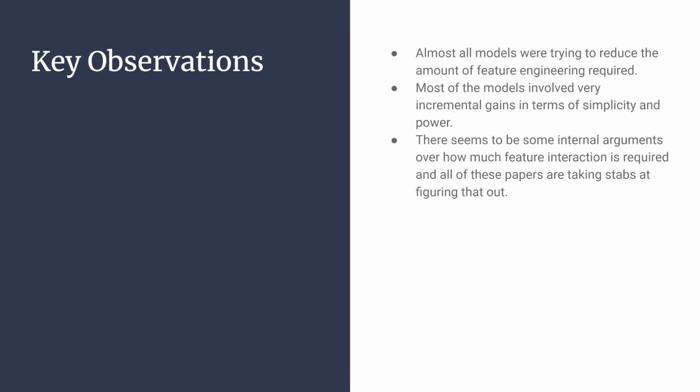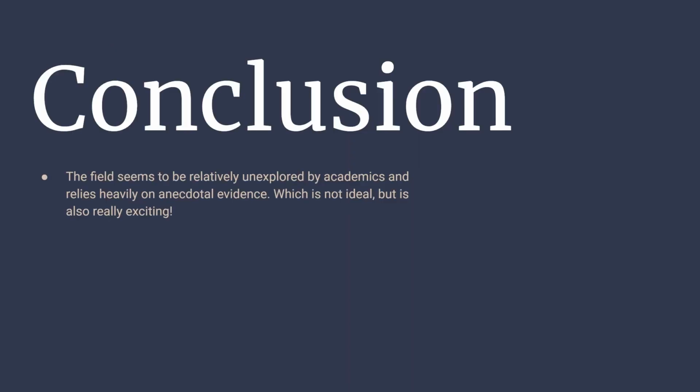Specifically, the last paper did talk about how this is a very high impact field of research, and yet academics are not really interested in it. And that brings me to my conclusion, which is basically that this field is relatively unexplored in terms of academics.